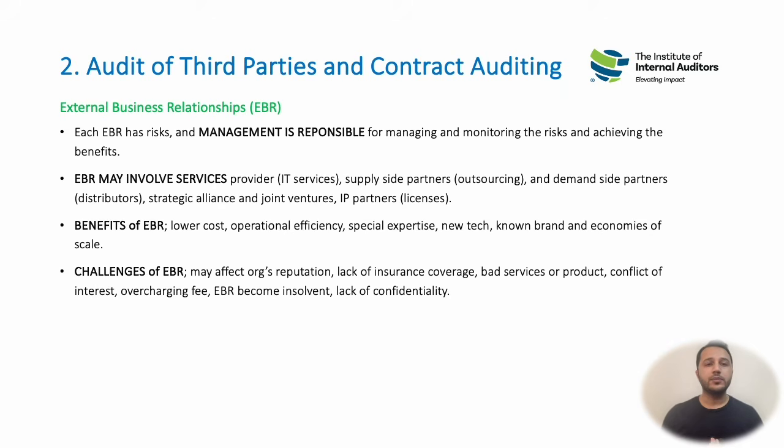On the demand side are distributors and franchises. Strategic alliances are joint ventures and partnerships. Then we can have IP partners, which means licenses and intellectual property. Basically, we can have that kind of relationship. So these are just examples of the types of services the organization has.